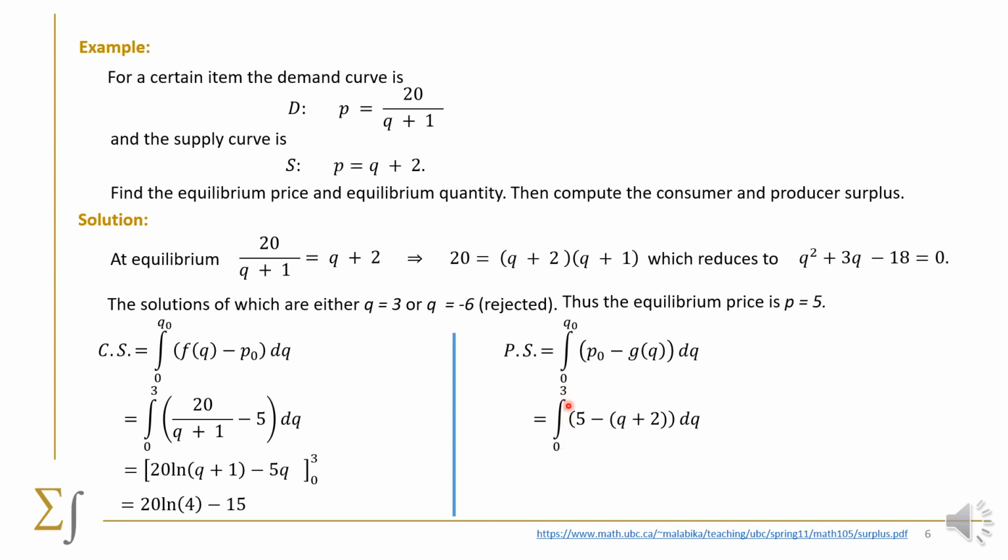Q naught is 3, and for P naught we put 5, and G of Q is the supply function, 2Q plus 2. Now we perform integration term by term. Of course, we see that 5 minus 2 is 3. The integral of 3 is 3q, and the integral of minus 2q is minus q squared. We evaluate the integral from 0 to 3. So we get 4.5.